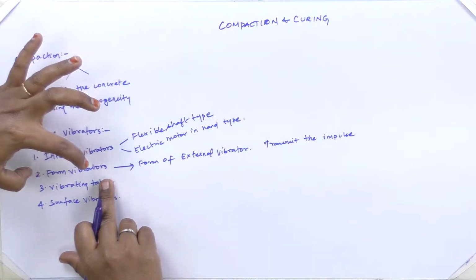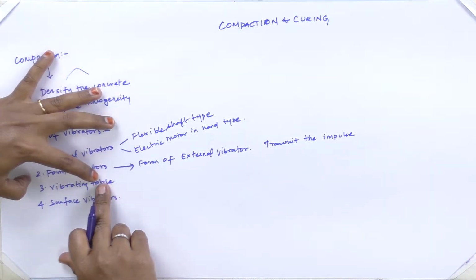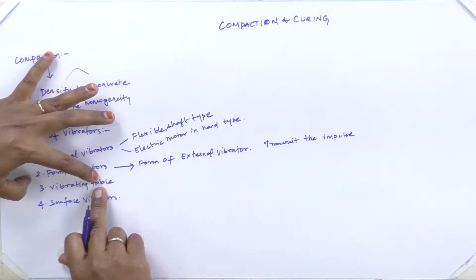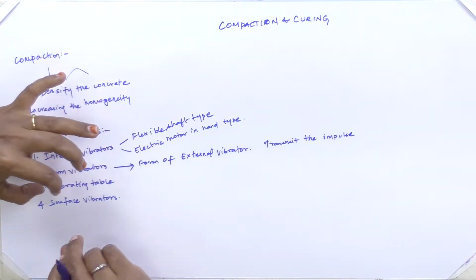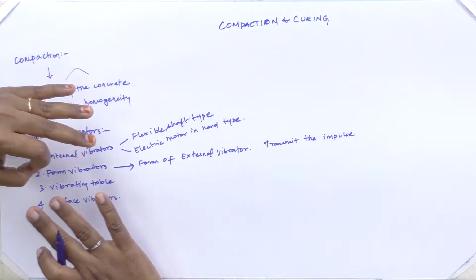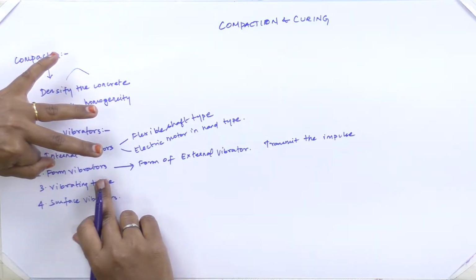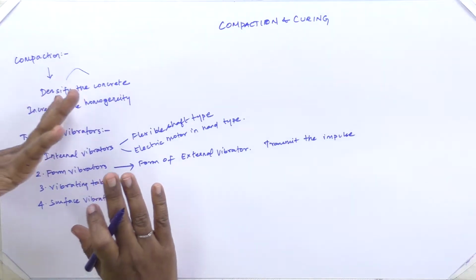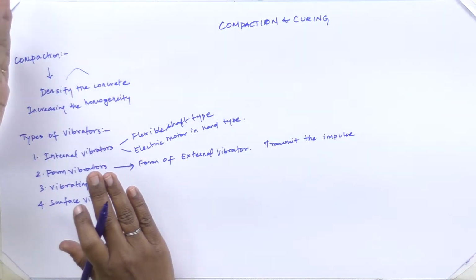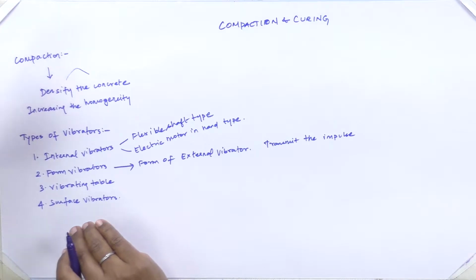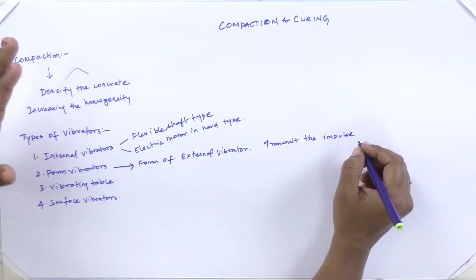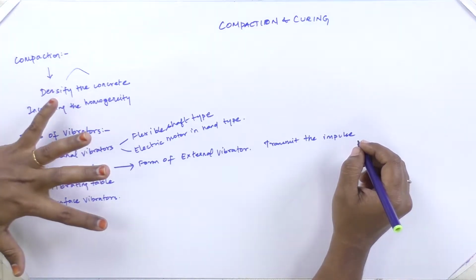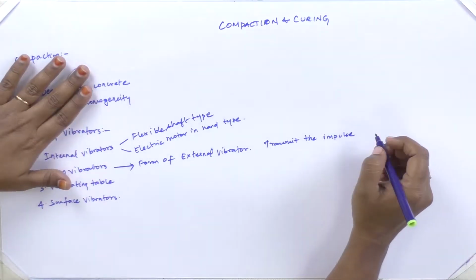They are mainly used where the reinforcement is provided in a congested manner, that is, there is no possibility of using internal vibrators. There we can go for form vibrators. When placed on the formwork, these vibrators pass impulse through the formwork to the internally placed concrete.